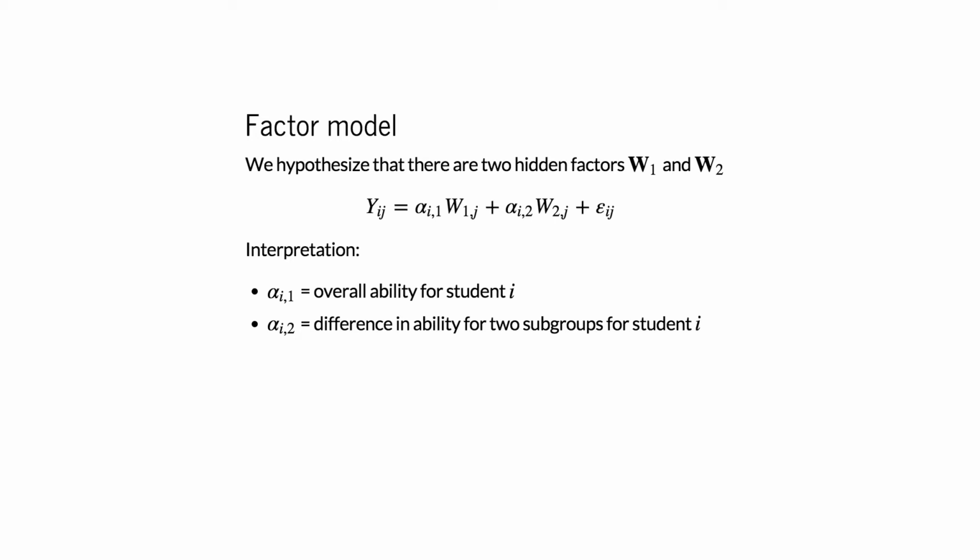So the idea here is that W1 relates to your overall ability of getting good scores. And then your second factor, W2, relates to whether you're stronger in humanities or stronger in STEM. So when we interpret these parameters alpha, notice that every student gets an alpha for the overall W and an alpha for the difference between the humanities and STEM.